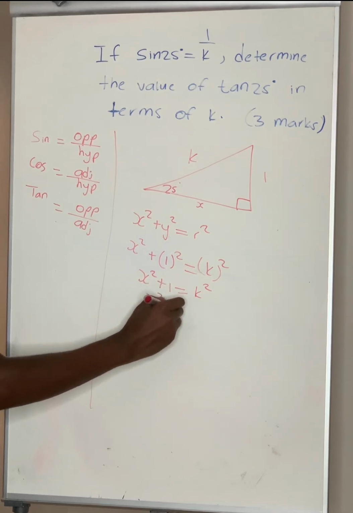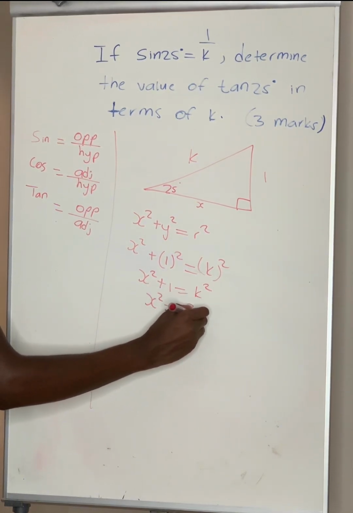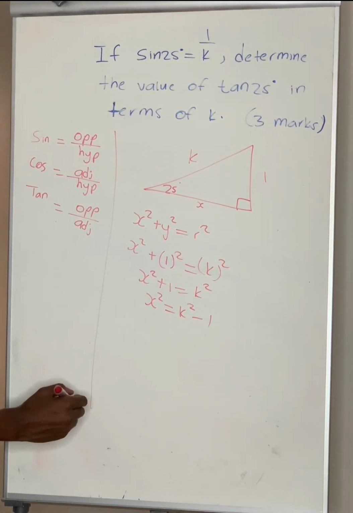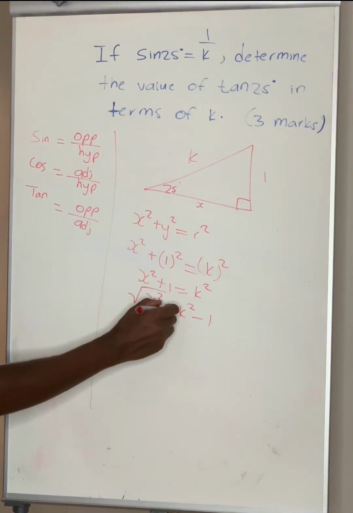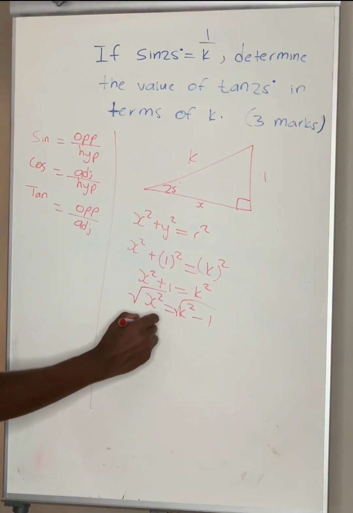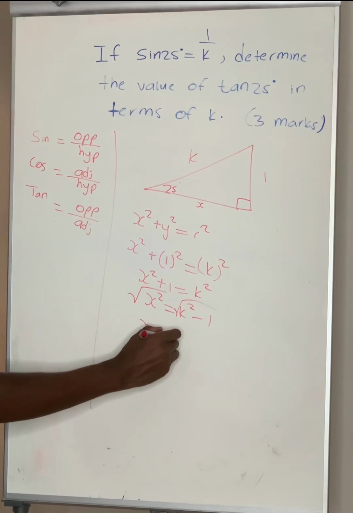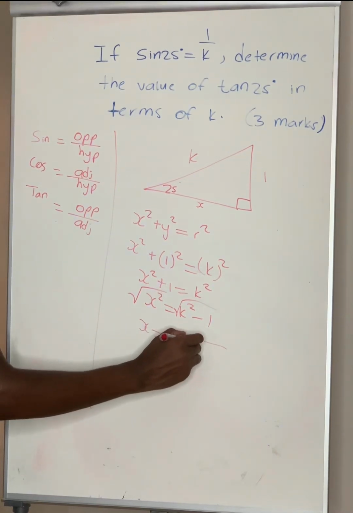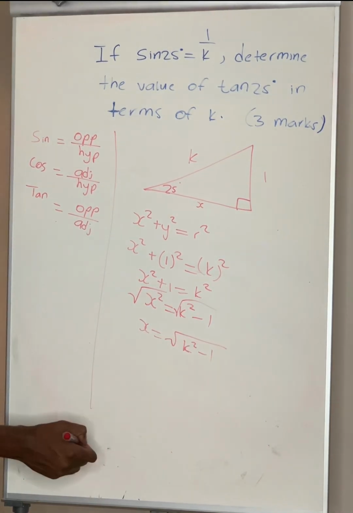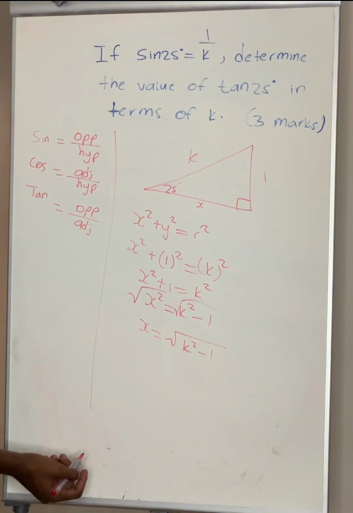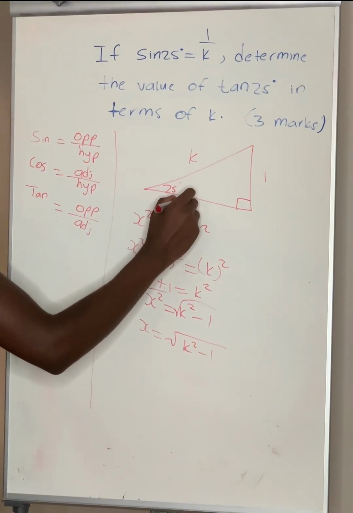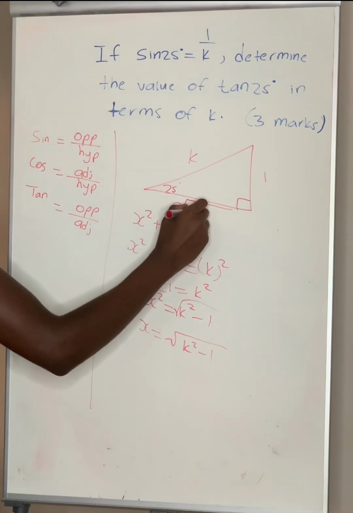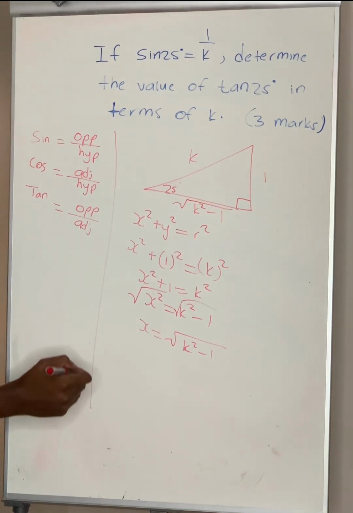X squared is equal to k squared minus 1. But remember, we're looking for x, not x squared, so we're going to introduce the square root on both sides. So x is equal to the square root of k squared minus 1. And then you are done. So you go over there and you apply this value, the square root of k squared minus 1.